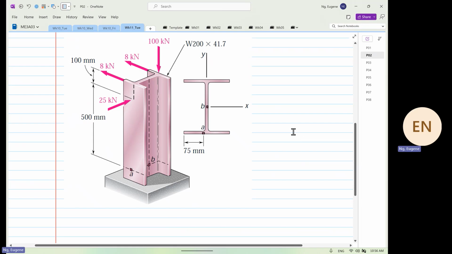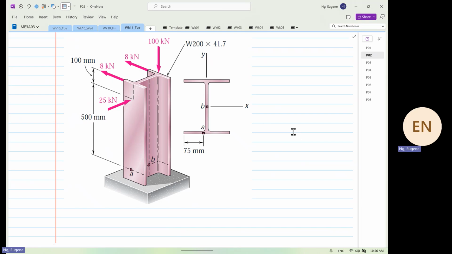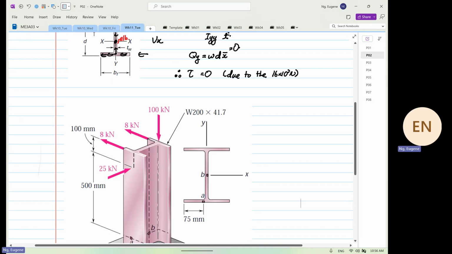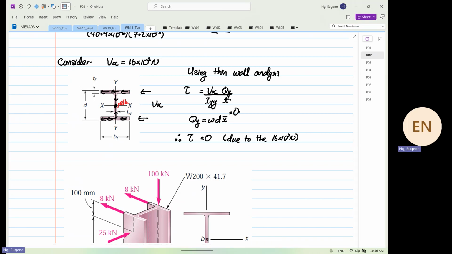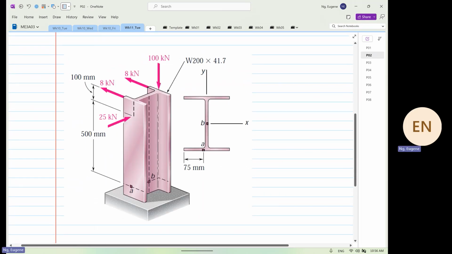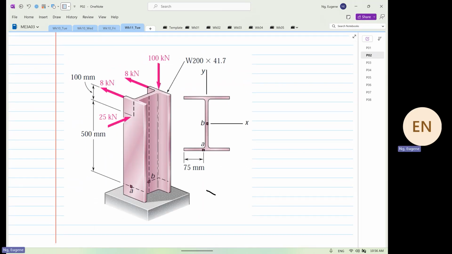Nothing to do with the shear force diagram. In the shear force diagram, the force we have is 16 kilonewton twice, because the first moment of area is equal to 0. Now we are going to draw element B.